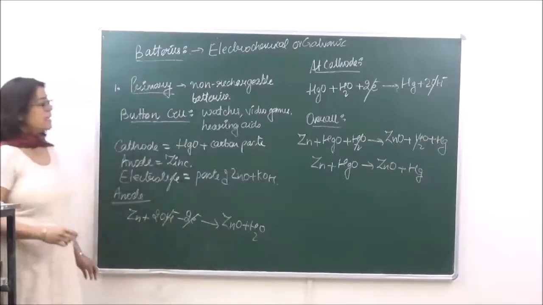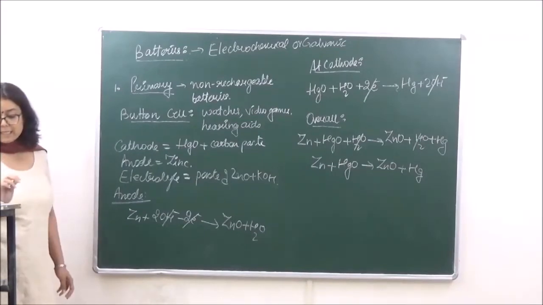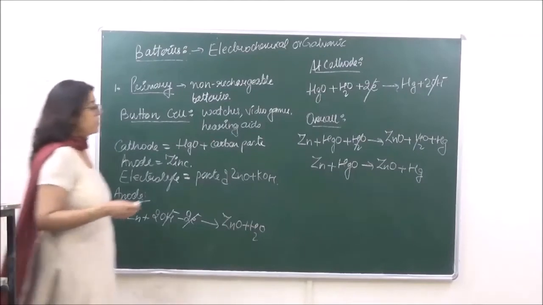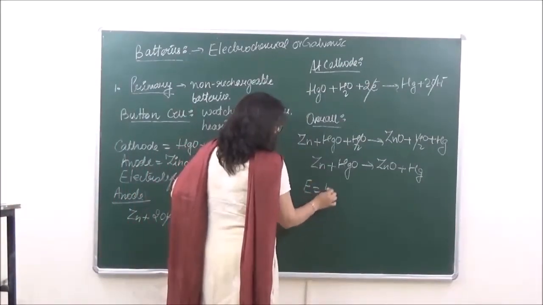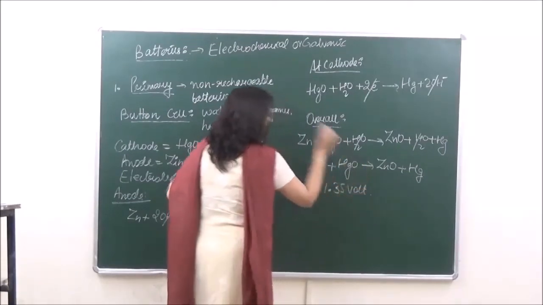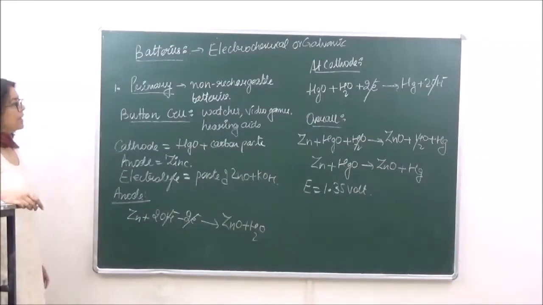In this case, there are no ions involved in the overall reaction. As a result, it is going to have a greater life. The voltage over here is 1.35 volt. So this is the button cell.